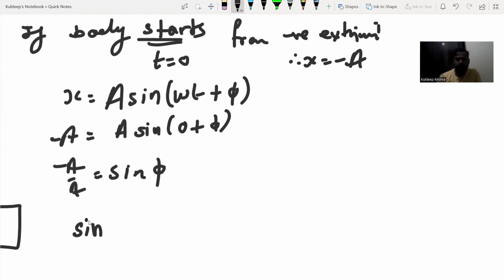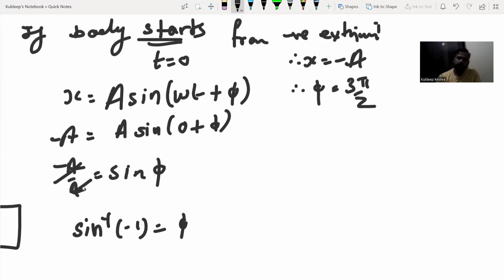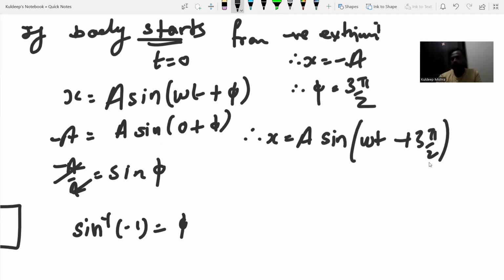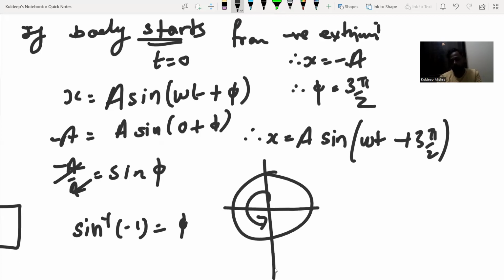So sine inverse of minus 1 is equal to phi. Therefore phi is equal to 3 pi by 2. Substituting that, we will get x is equal to a sine of omega t plus 3 pi by 2. And 3 pi by 2 plus theta is the fourth quadrant, because 3 pi by 2 is here and plus theta is here. Sine is negative in the fourth quadrant. So x is equal to minus a cos omega t.